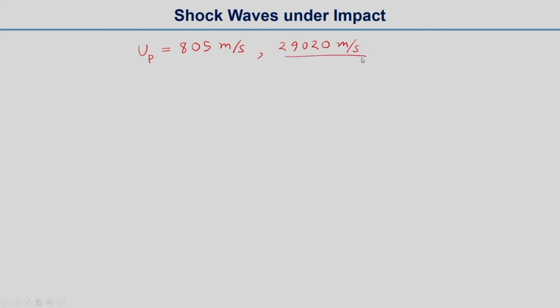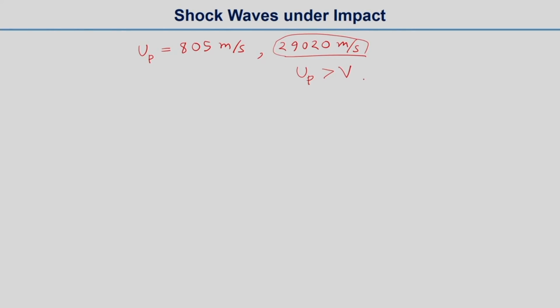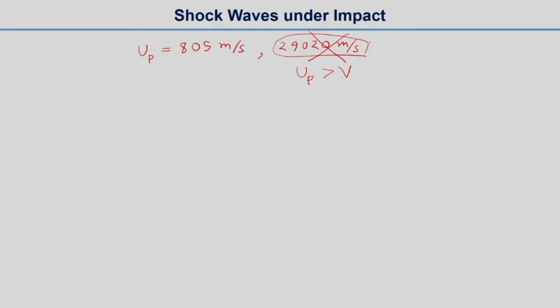But this is a very high value. We can see that this UP is 29 kilometer per second. It's quite high, and anyways both the roots are positive. We can take only the positive roots, not negative. Here there is a very high value, which is even higher than our impact velocity V. Our particle velocity UP cannot exceed the impact velocity, so we will neglect this one and only go with UP equal to 805.